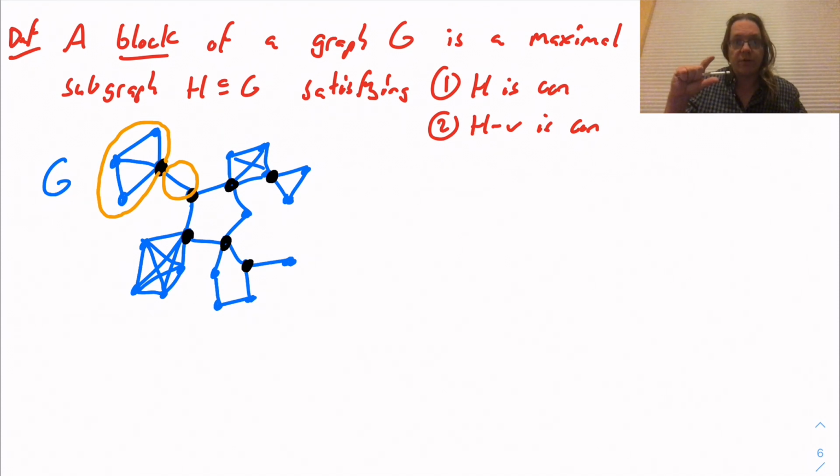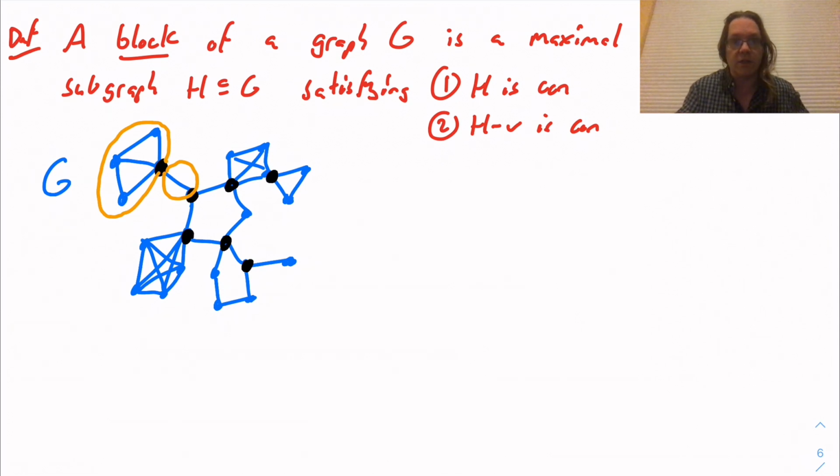That is a connected graph, and if you delete a vertex, it is still connected. Now that 2-vertex graph is not a 2-connected graph because it doesn't meet the threshold of having at least 3 vertices. So this little subgraph that I've just circled is going to be a block in our graph because I've verified that it's a connected subgraph and it's connected when you delete any vertex.